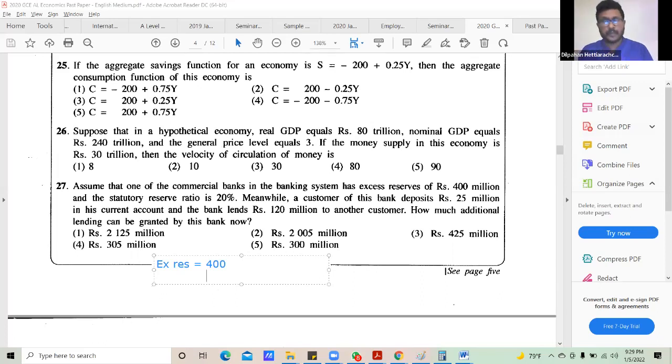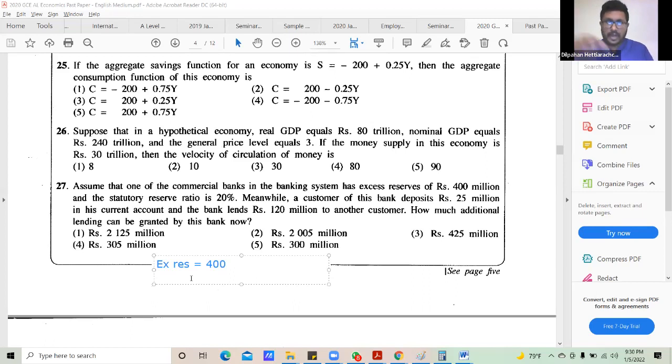No. Why? From this new 25 deposit, since SRR is 20%, this bank needs to keep 20% of 25. So 25 into 20%, the answer is 5. From this accepted 25 million, they have to keep 5 separately without lending.